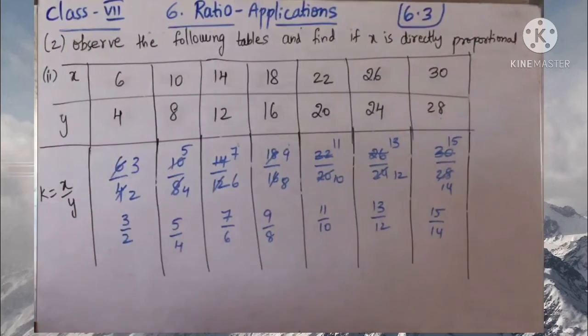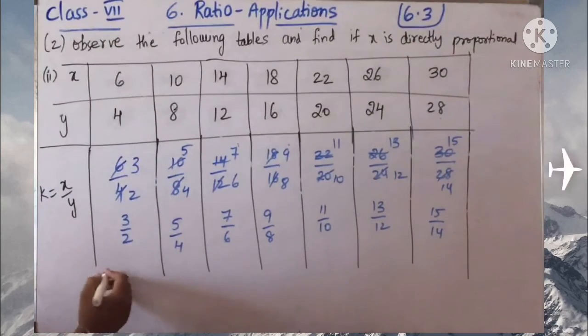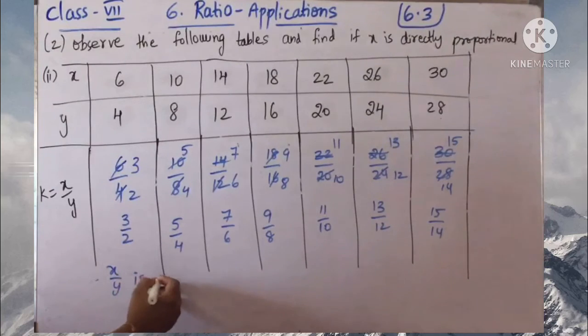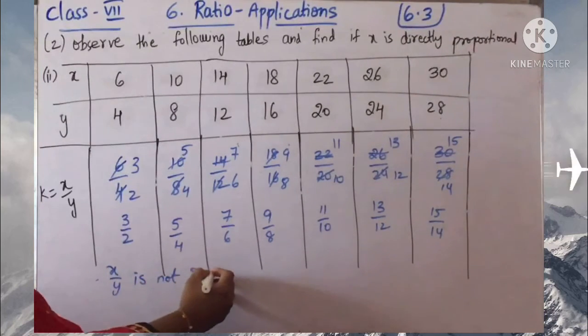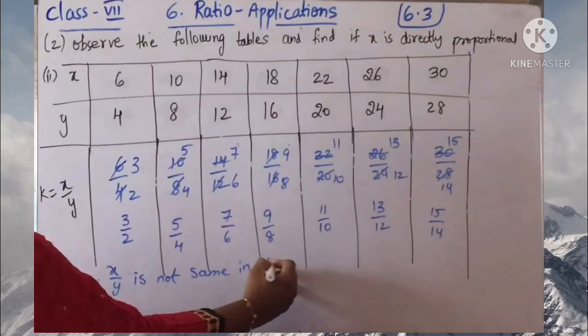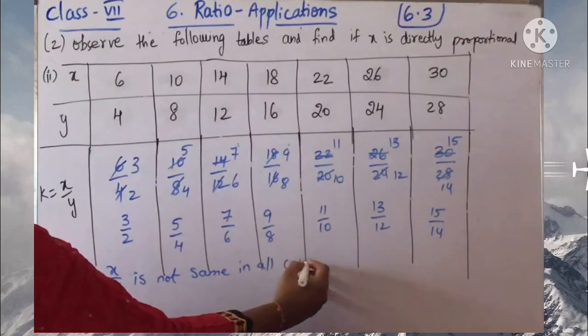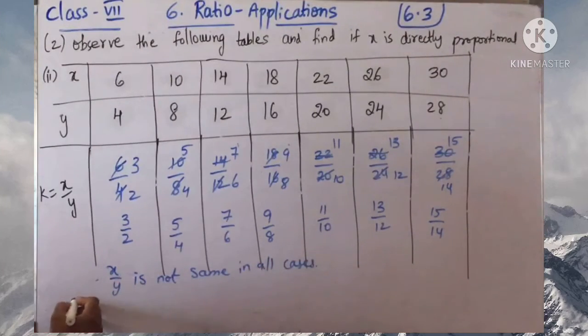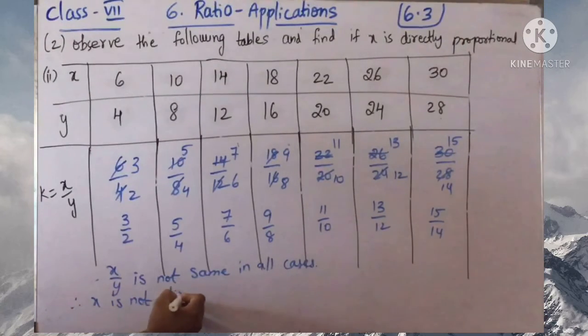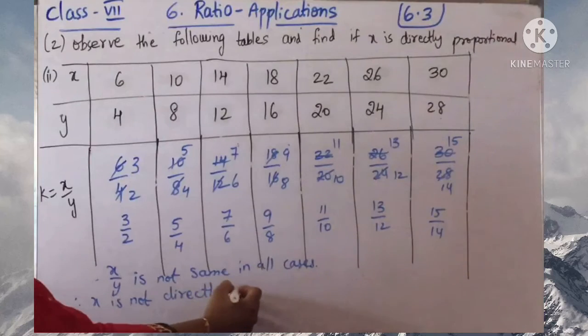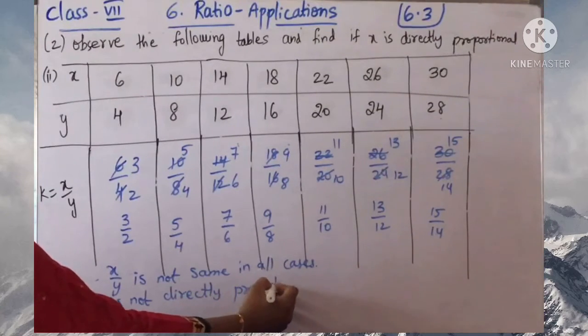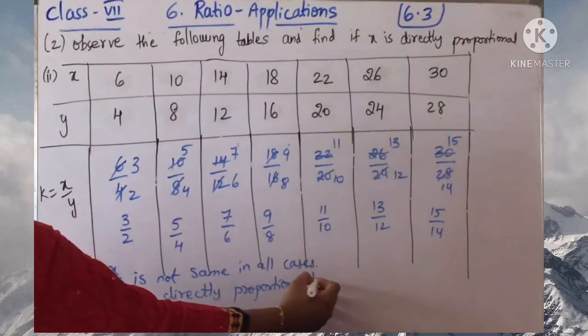The values are different. So x by y is not the same in all cases. That is, they are not uniform. Therefore, we can say x is not directly proportional to y.